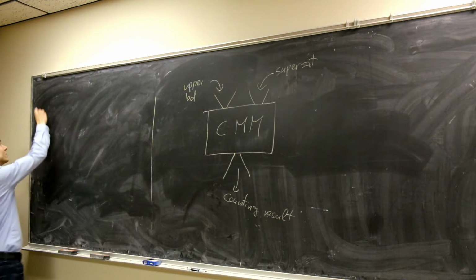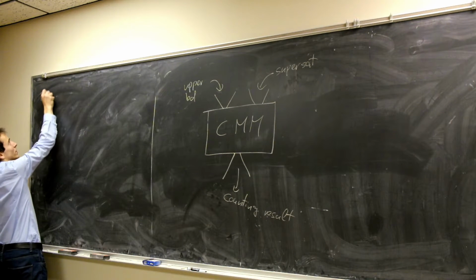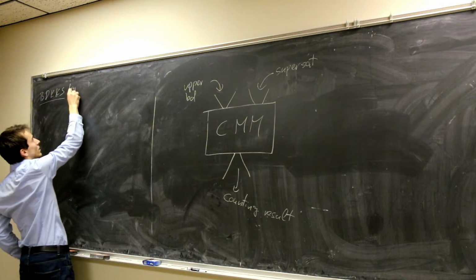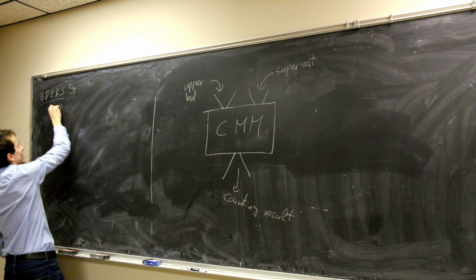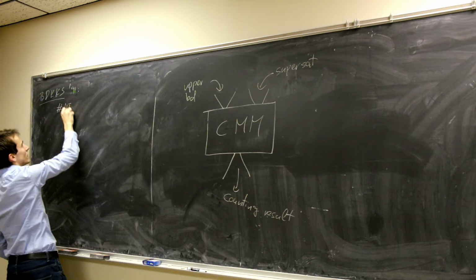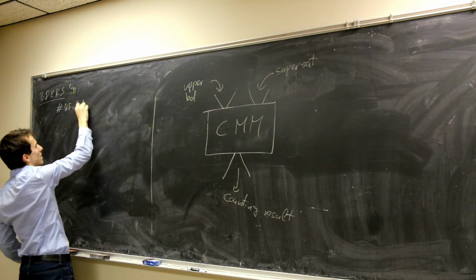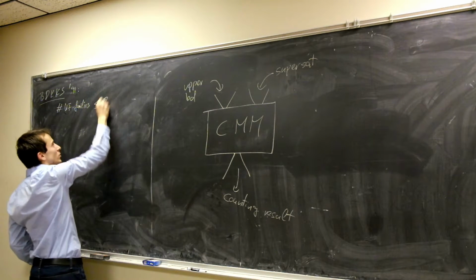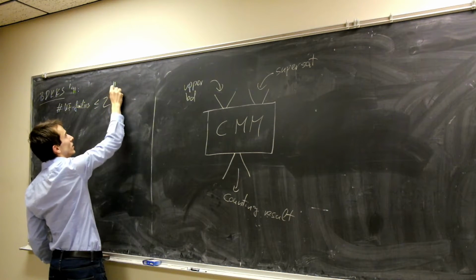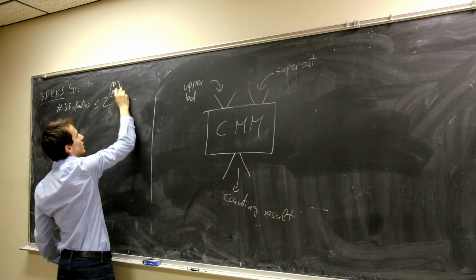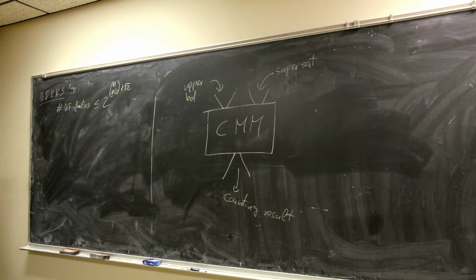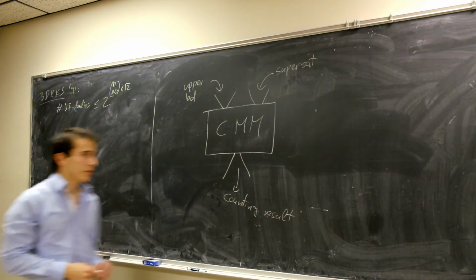This question was investigated by Kleitman, Sapozhenko, and others, and they proved in '91 that the number of union-free families is at most 2 to the n choose n over 2 times 2 root 2. This was their upper bound for the number of union-free families.